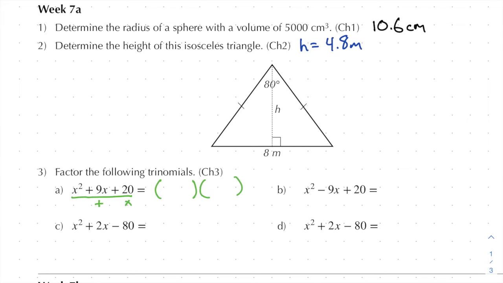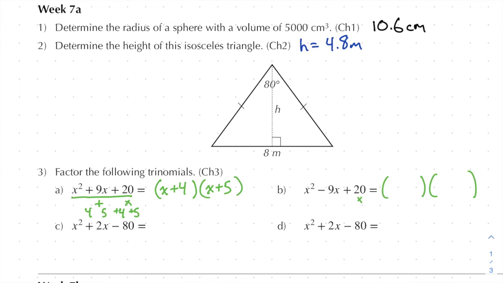2 and 10 don't add to give us 9. 4 and 5. 4 plus 5. Those two will work, and they both need to be positive here. So we are going to have x plus 4 times x plus 5. All right, let's look at the second one.